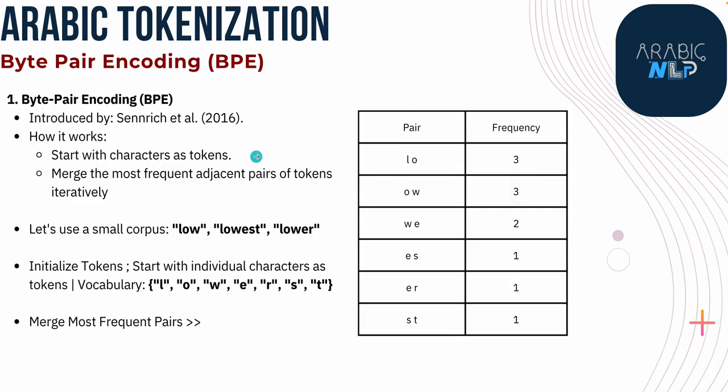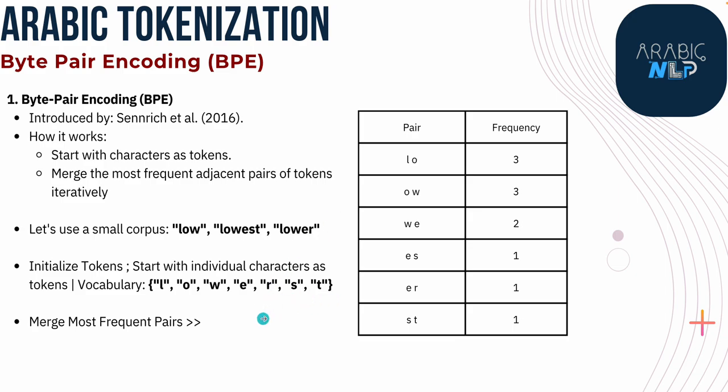So here is a simple illustration in English of how byte pair encoding works. Say I have a small corpus: low, lowest, lower. The first step is to have the initial characters, so I split the whole corpus into characters.